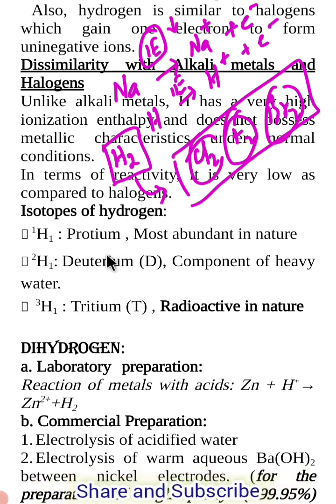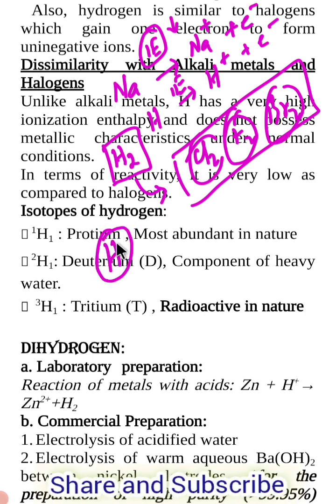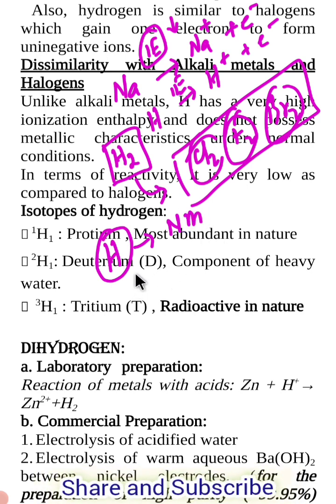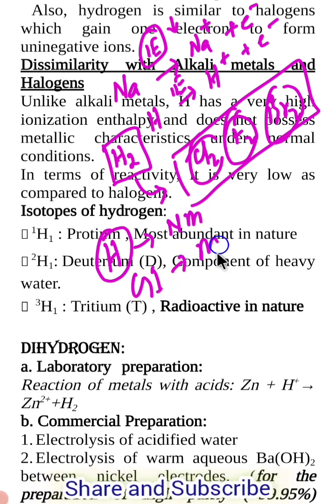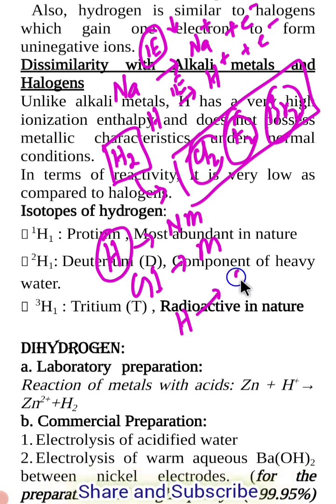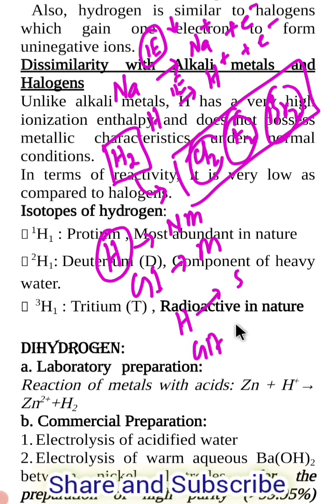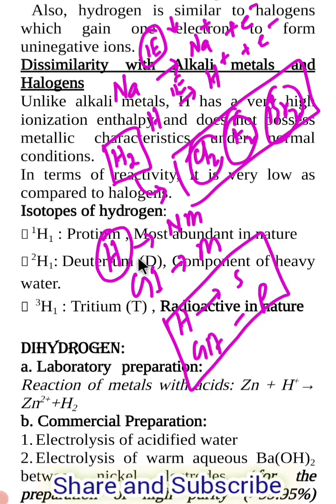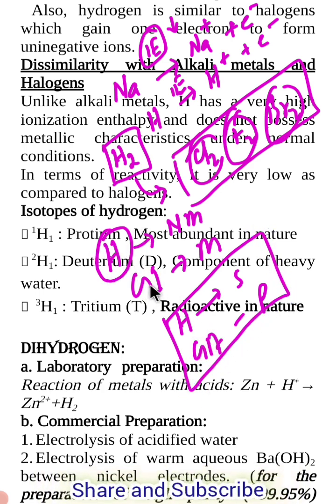For example, hydrogen is a non-metal, while group 1 elements are metals. Also, hydrogen is an S block element, while group 17 elements are P block elements. This is again one dissimilarity of hydrogen with halogens. Okay, these are some similarities and dissimilarities of hydrogen with group 1 and group 17 elements.